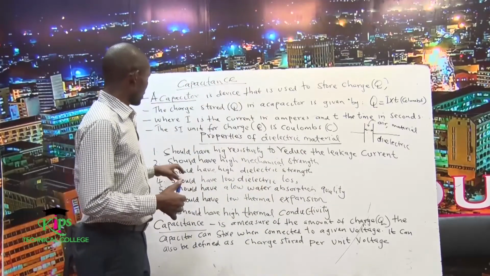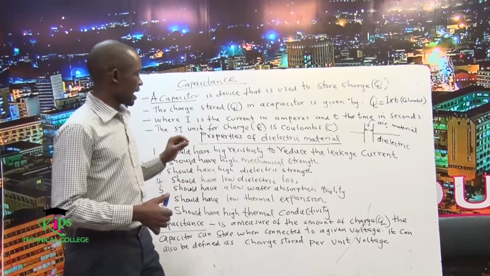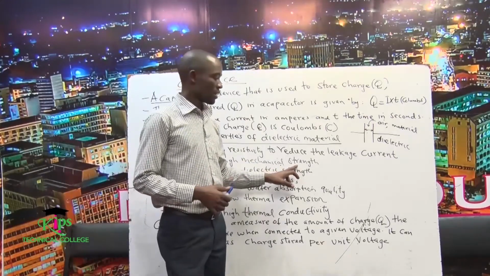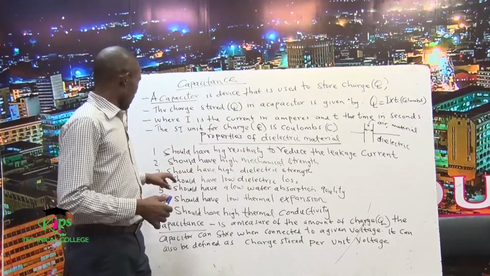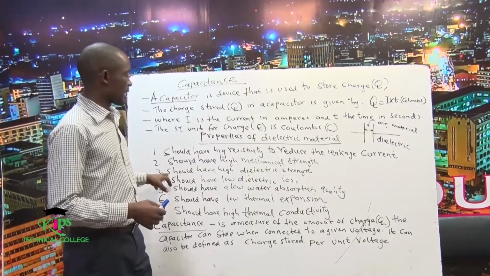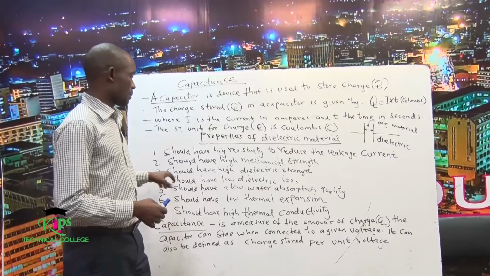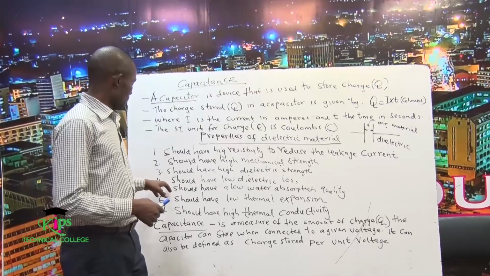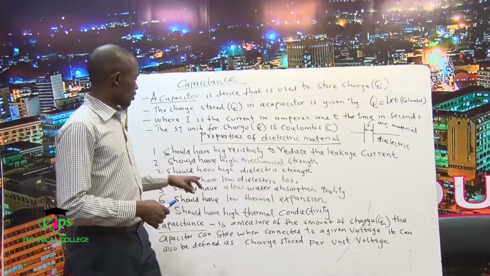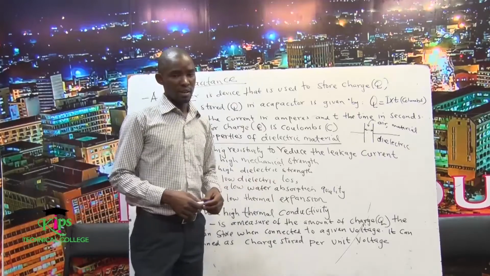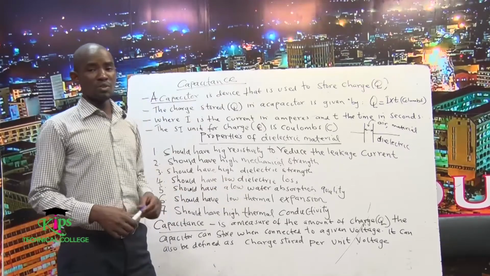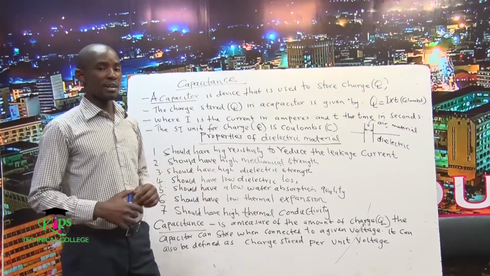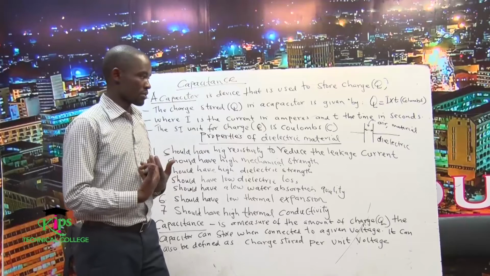The second point is it should have high mechanical strength. Number three, should have high dielectric strength. Number four, should have low dielectric loss, meaning the losses should be very minimal to ensure that we are saving as much charge as possible.